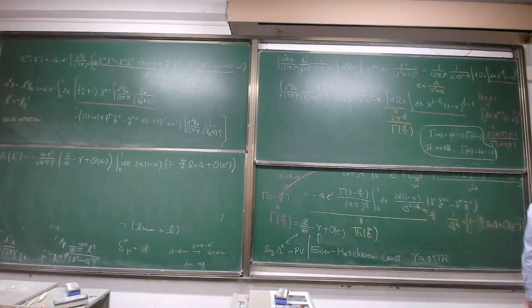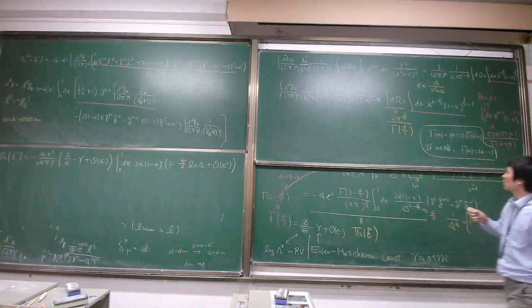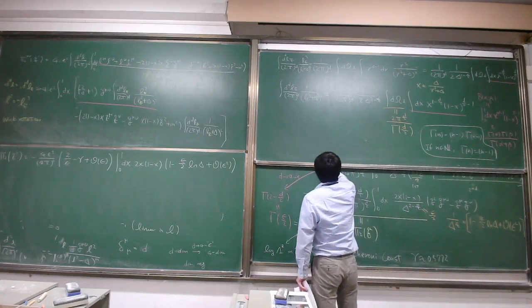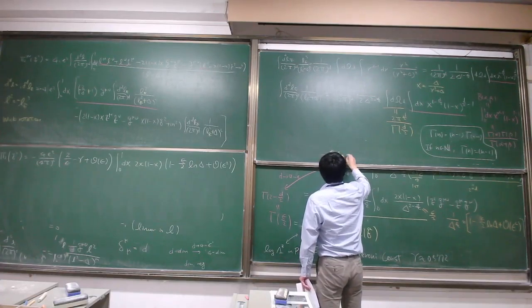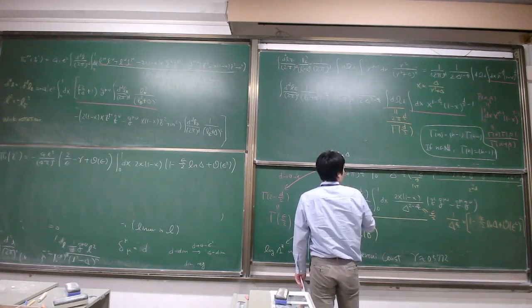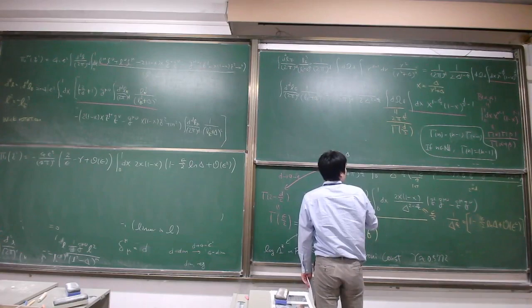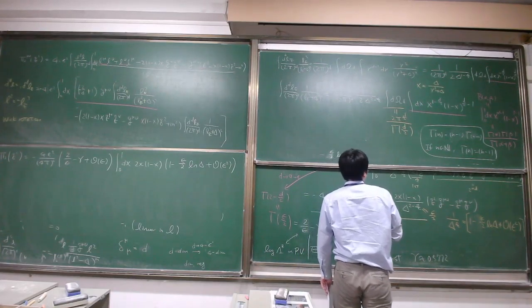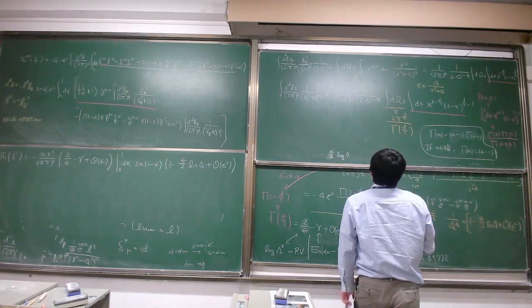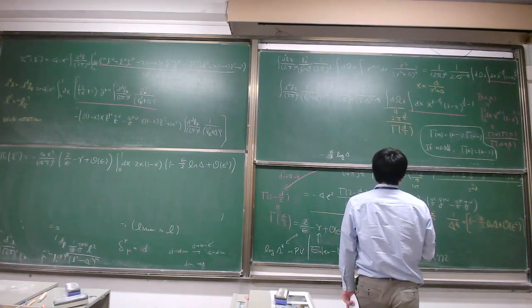I think it's better to take a log of it. Minus epsilon over 2 log delta. If you take a log of this one, and then if you take the right hand side and take the epsilon.